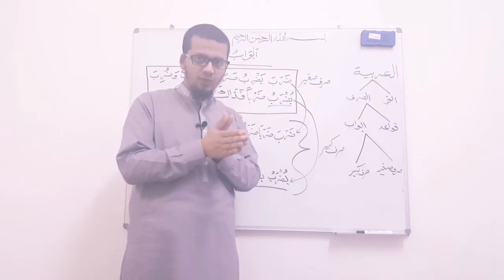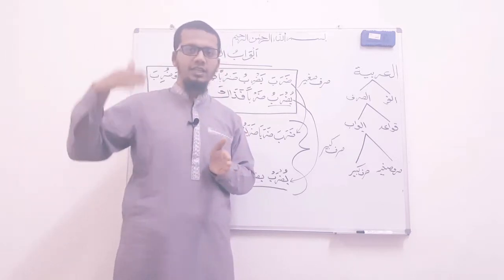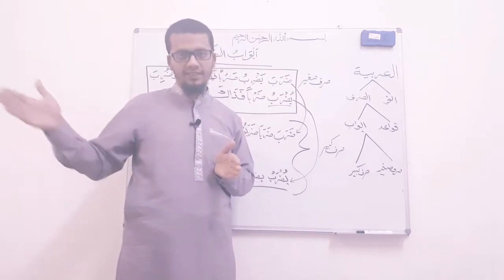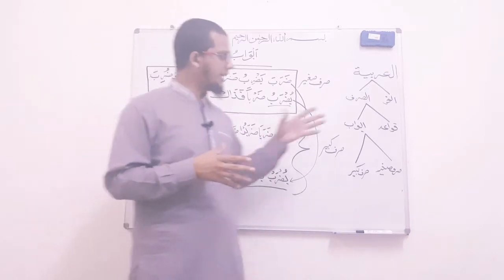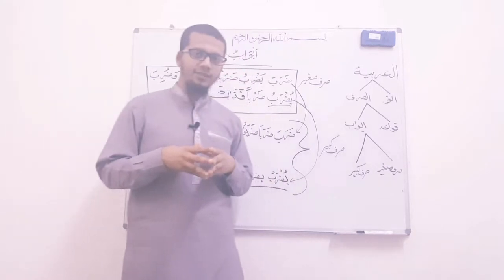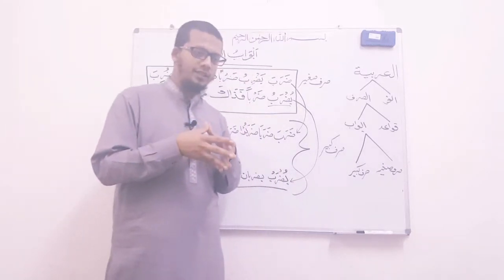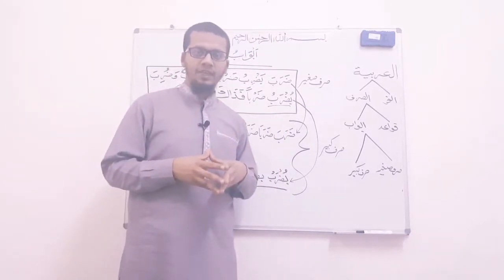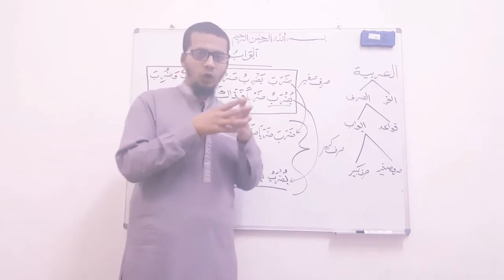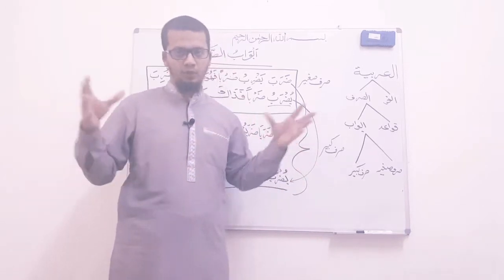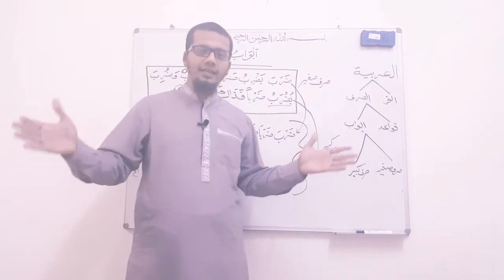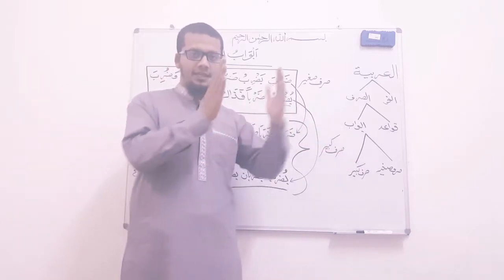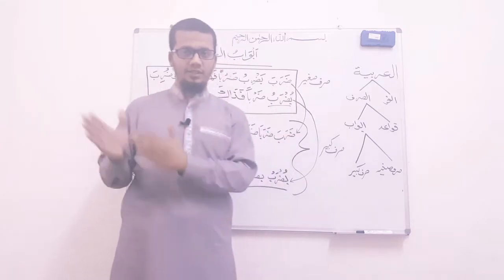We can change this one word into many different shapes, and these different shapes can give us many different meanings. So what they have done is, for the sake of faster learning, they have made all the possible shapes of all words, and they have collected all of them in some sections.